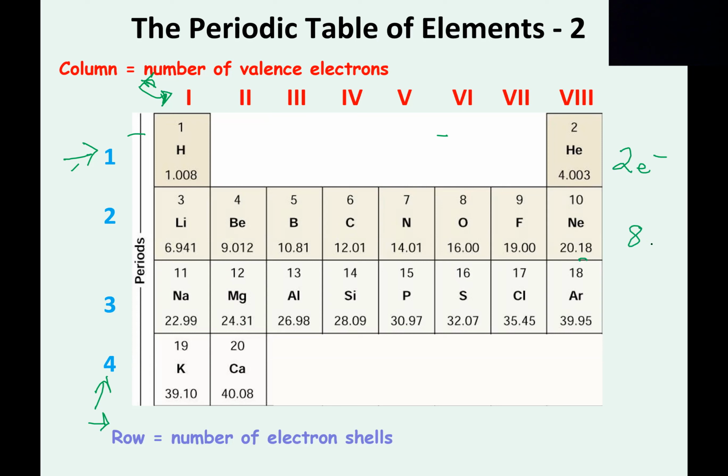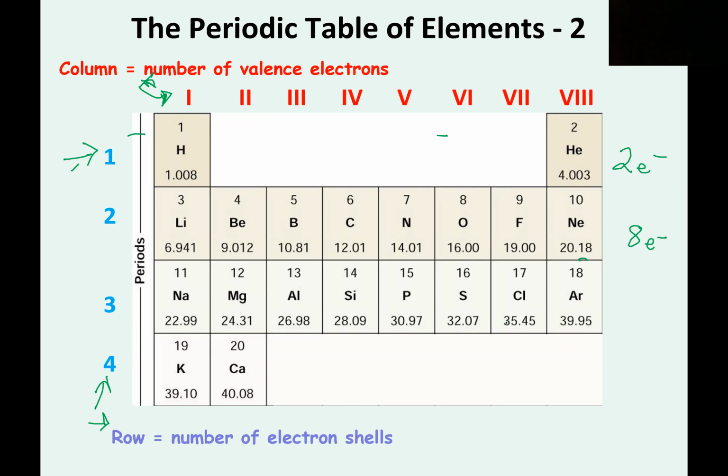That tells you there's going to be 8 electrons in that second shell, unless it only has 2 shells, and then the outer shell is going to be whatever column it's in. If it has 3 shells, it'll have 2 electrons in the first shell, 8 electrons in the second, and then whatever column it's in, that will be in the third.